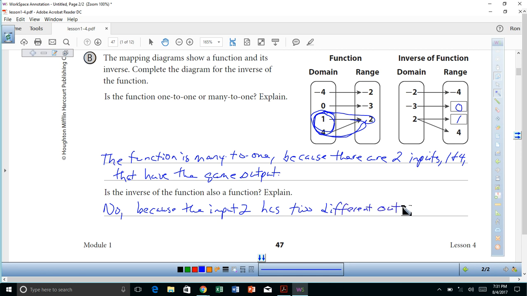And those would be 1 and 4, right here. Okay? So this is a function. This is not a function.